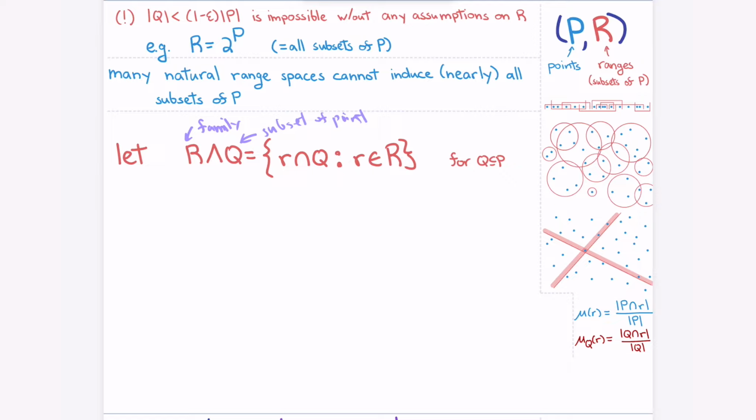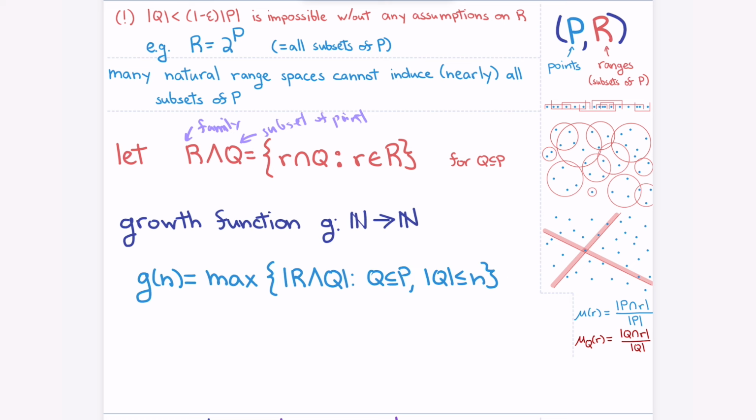This circle, what subset does it induce over Q? That circle, what subset does it induce over Q? This circle. I'll be using this logical and notation for this kind of restriction or overlap.